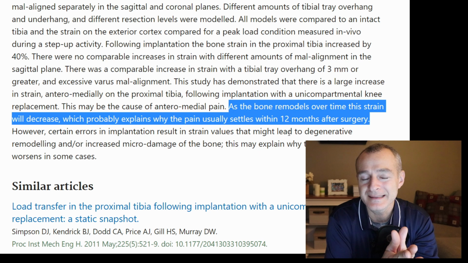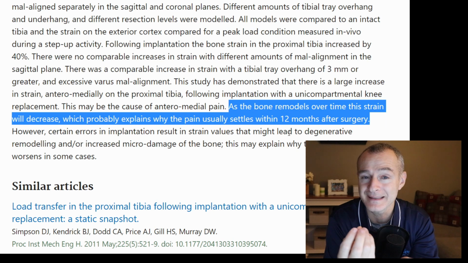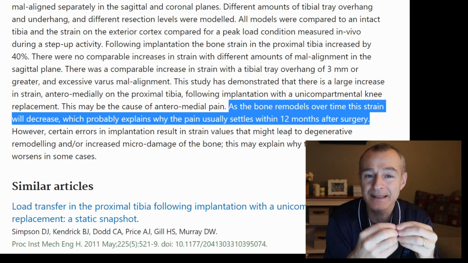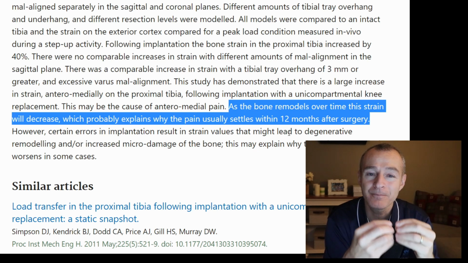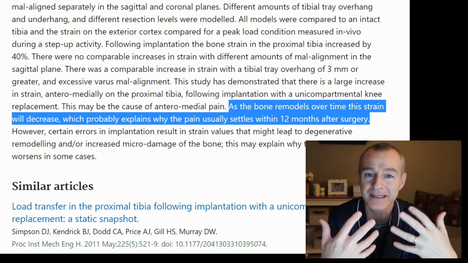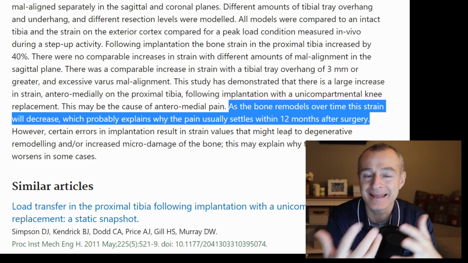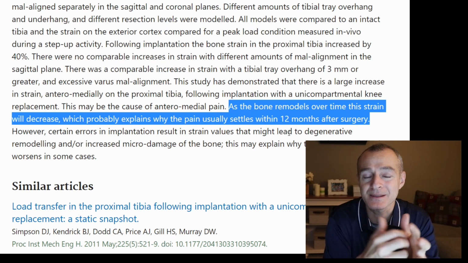So hopefully that helps to explain part of why you might be having some of that bone pain in the shin, around the tibia, because we're loading the bone differently. The alignment is totally different. But just like anything, with time, the body will adapt, the body will customize to it, and that discomfort should go away.